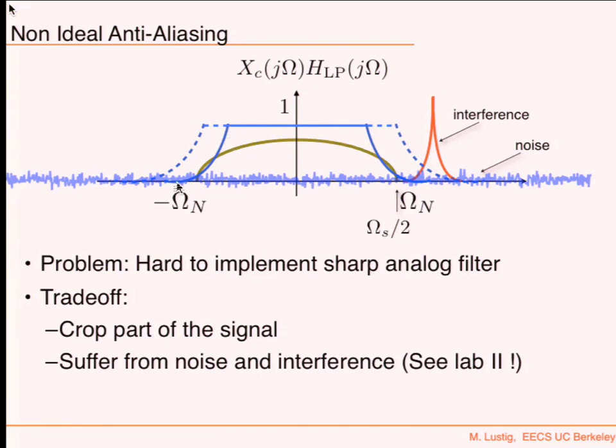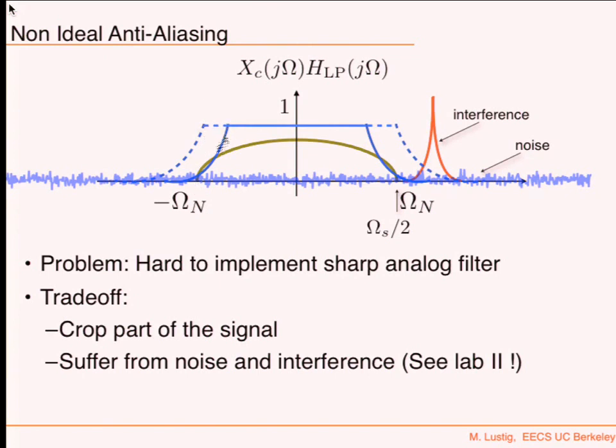The first trade-off is that I'm probably going to crop or attenuate some of my signal if I want to filter out exactly that bandwidth. So the trade-off is either I'm going to cut some of my signal or I'm going to allow some interference or noise to alias in. These are the natural trade-offs, right?